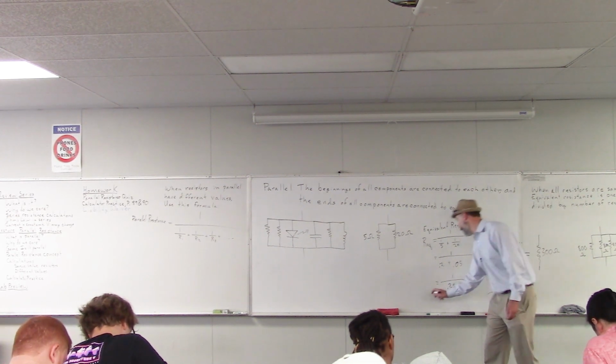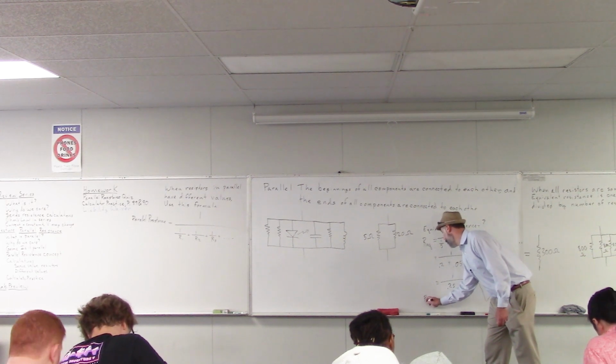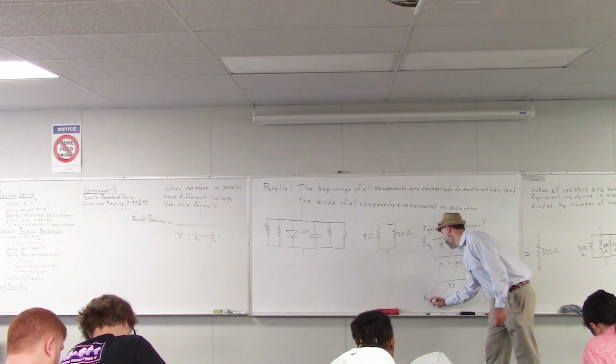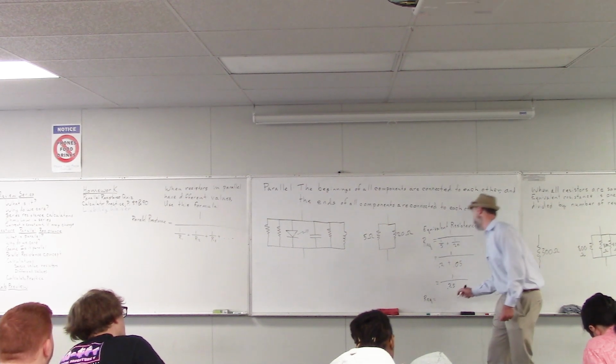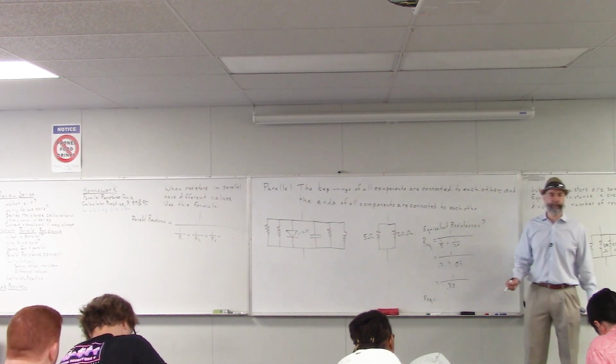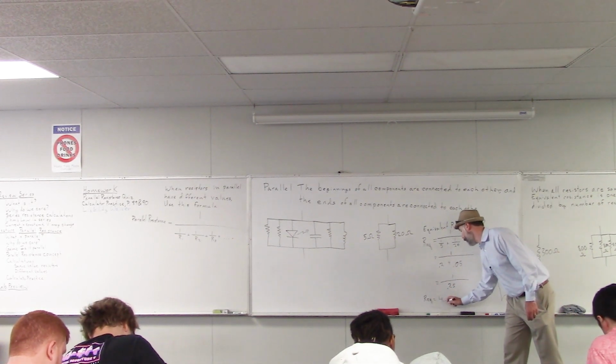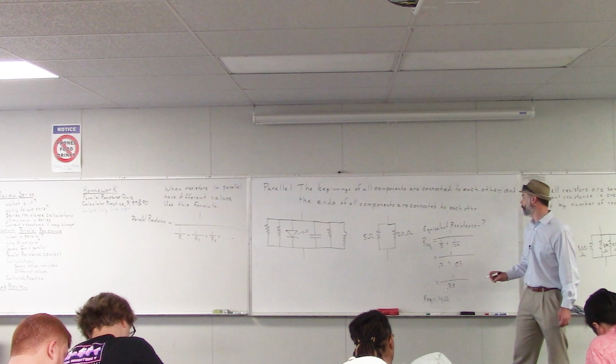So then R equivalent: what is 1 divided by 0.25? 4. So R equivalent is 4 ohms.